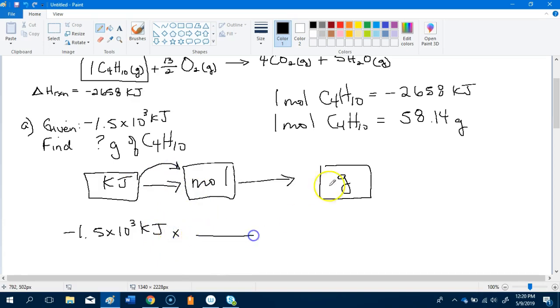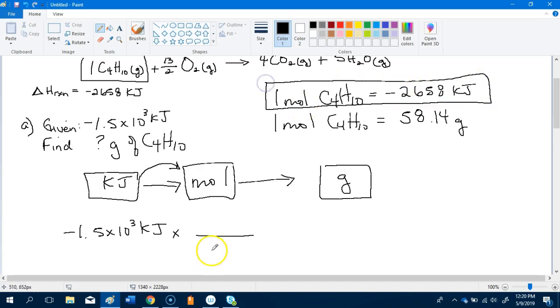So my conversion factor is 1 mole of butane is equal to negative 2,658 kilojoules of heat produced. And then my kilojoule units are taken out, and I've now gone from kilojoules to moles.